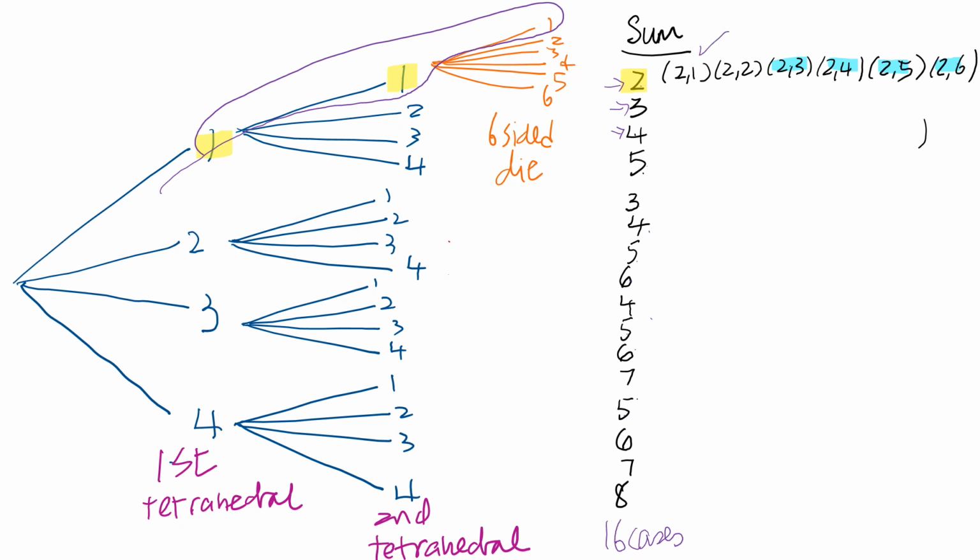Then this one, this, and this, I can have 2, 2. And let me do another one for you. This and this will give you 2, 3, and so on and so forth. And then you can go on to the sum.